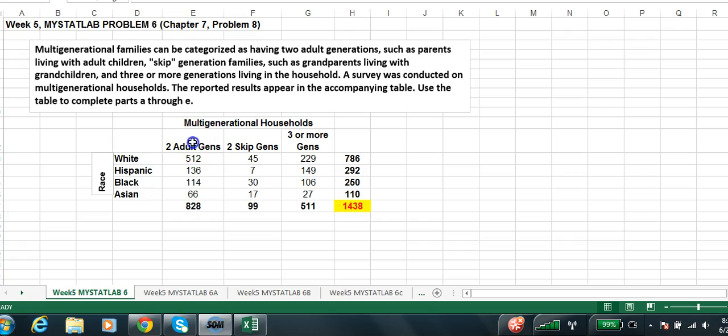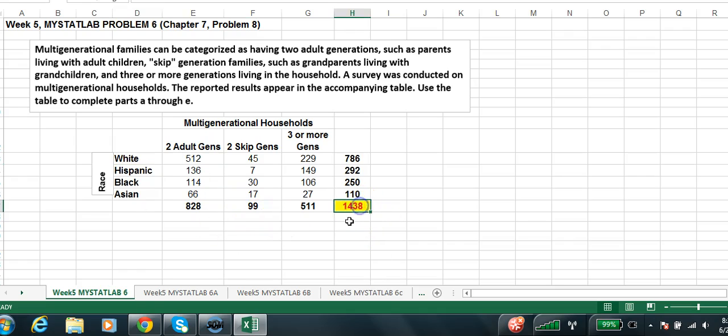We see along the top horizontal row that we have our types of multi-generational households that we just discussed. And along the left vertical column, we have different types of races: white, Hispanic, Black, and Asian.